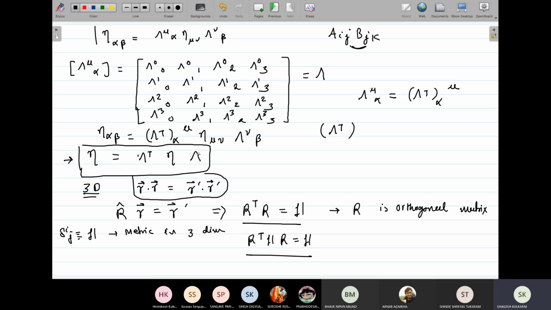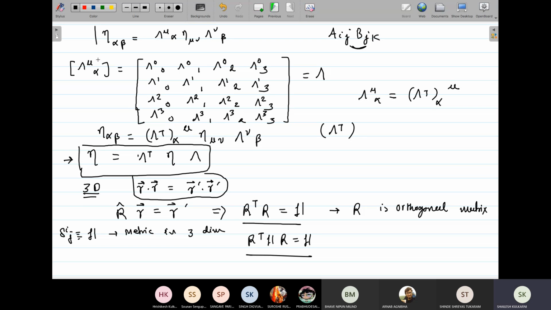And we know what a boost is: x goes to x as a function of x and t, t goes as a function of x and t, and y becomes y, z becomes z. We introduced these in the first two classes. Apart from boosts, there are rotations, which also leave this metric unchanged.